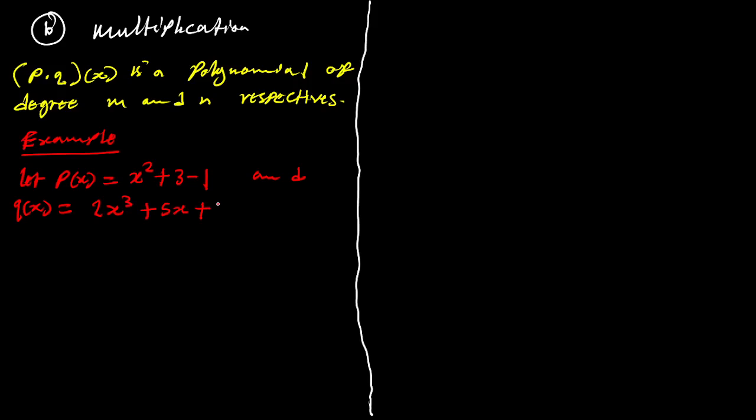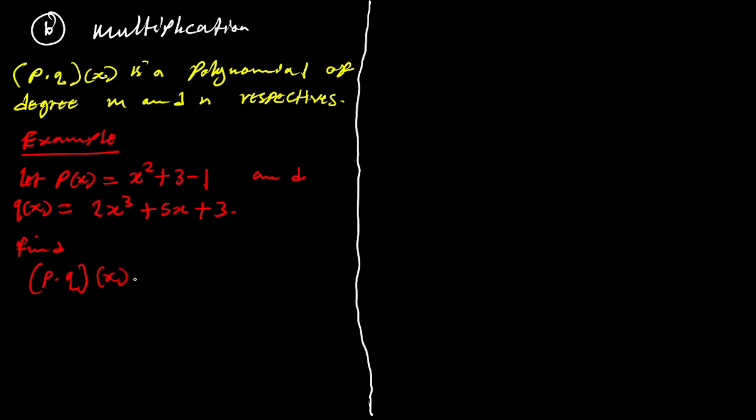Okay, so if you observe, in this case, the x squared in q of x is not there, but that should not worry you. Now the question is find p dot q of x.